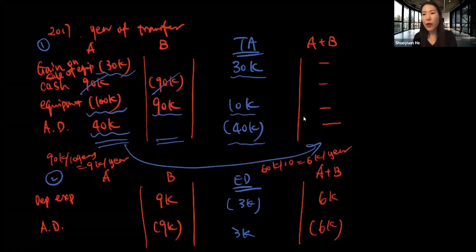And then let's move one year forward. In the year 2018, what should we do? This is one year after the year of the transfer. So in 2018, the first thing we should do is to carry over.